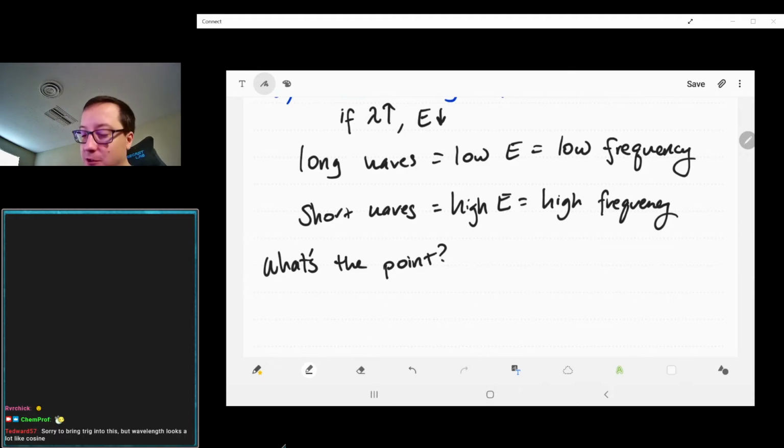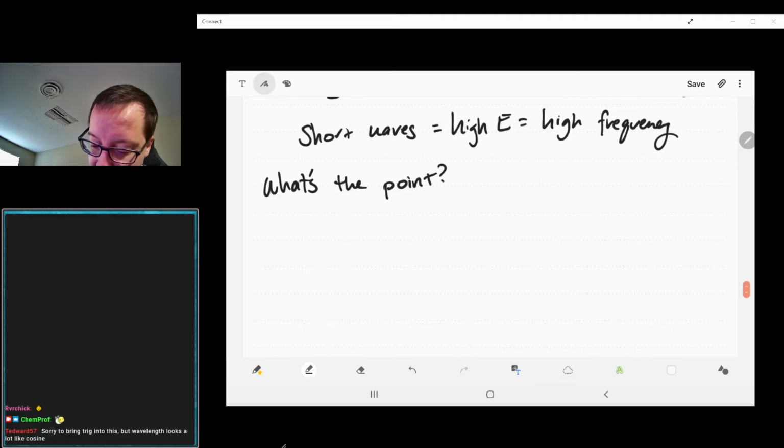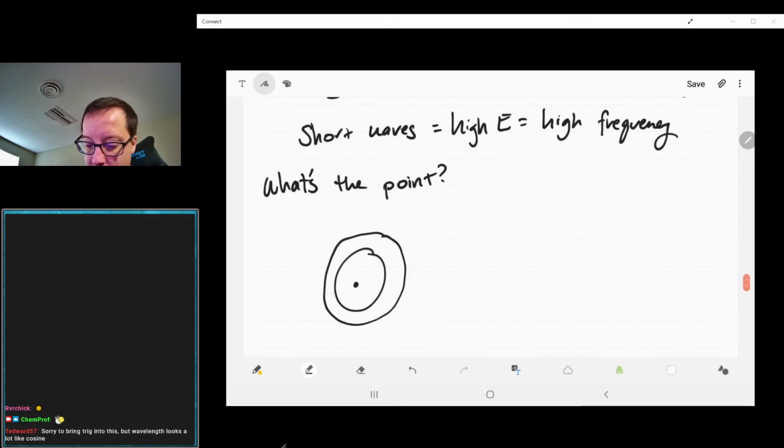Always a good question. Here's our fake atom, and let's say it's got 2 rings on it, and we have an electron here. We're going to be refining this model of the atom a little bit later, but for now it's pretty easy for us to understand visually.